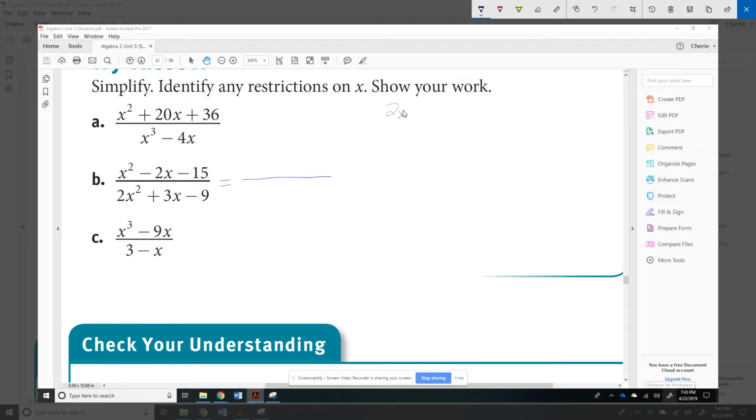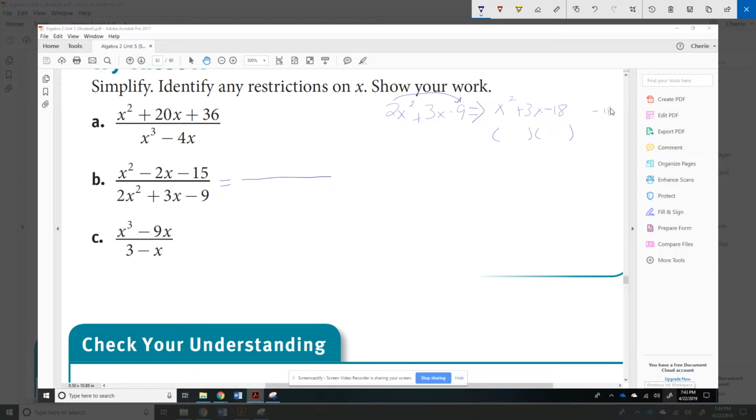Remember, we take this problem 2x squared plus 3x minus 9, and we temporarily change it into just x squared plus 3x minus 2 times 9, which is 18. That's why we call it the AC method, because we're going to multiply A times C. We get this temporary problem, we factor it the easy way.